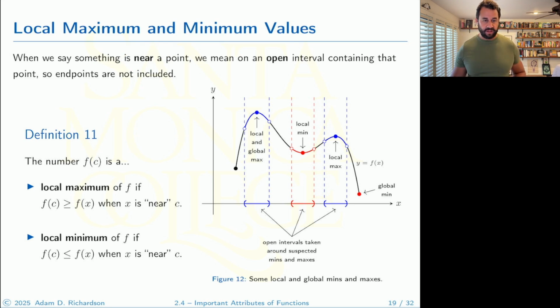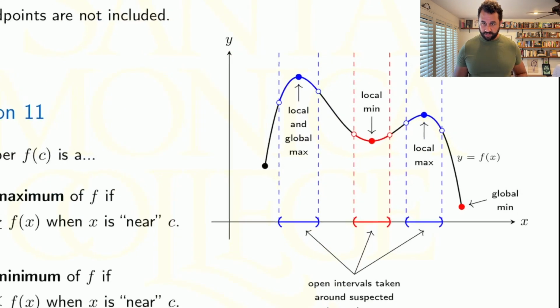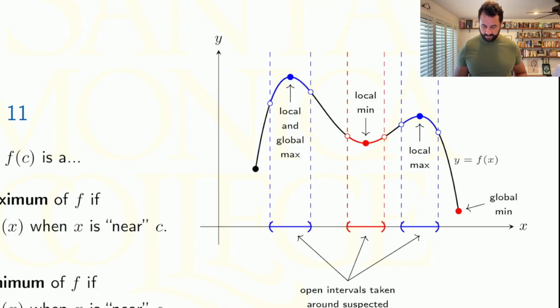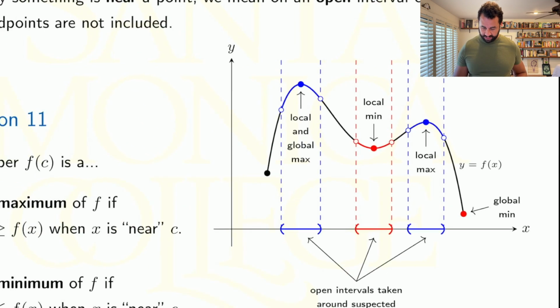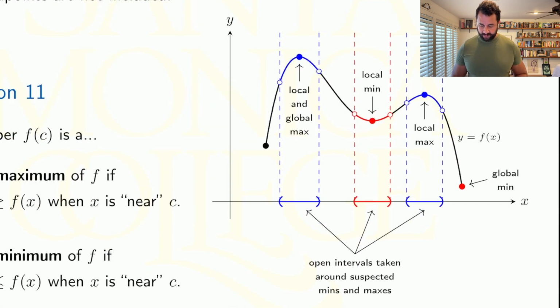So let me zoom in on this picture. There you are. So I've got some examples here. This is the same function we were looking at, right? But now what I'm doing is localizing or isolating my focus. Let's look at this interval for a minute.